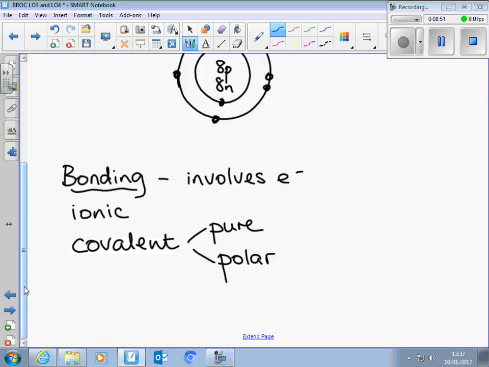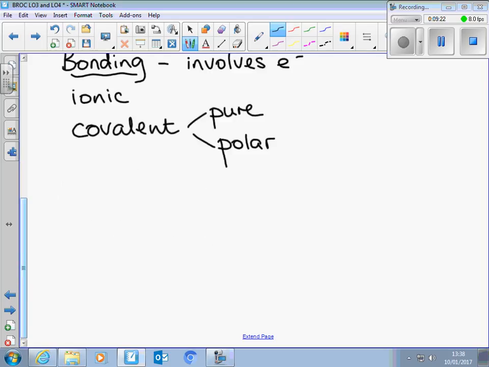So polar covalent bonds are sort of in between. And it's a continuous scale, if you like. It's not just distinct characteristics necessarily. There is a complete scale of bond types, and I will come back to that at some point.